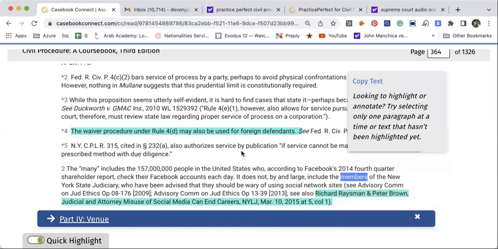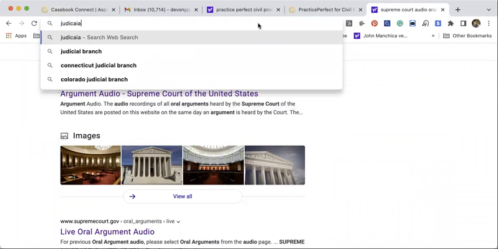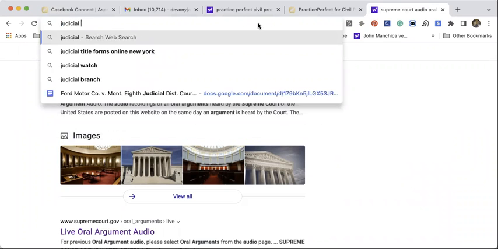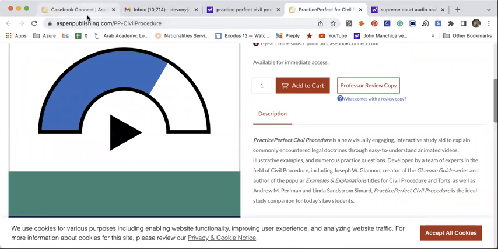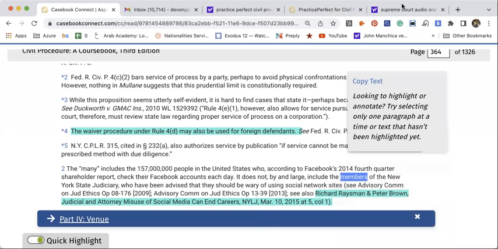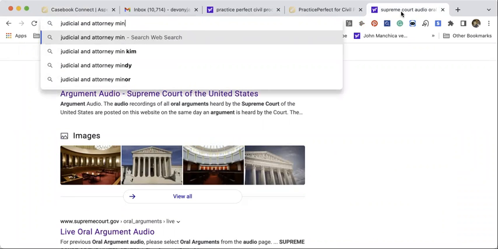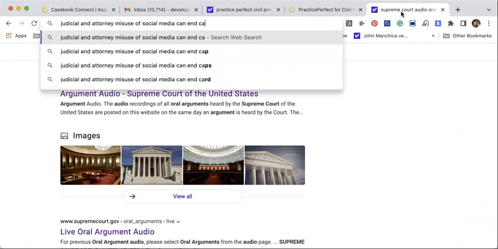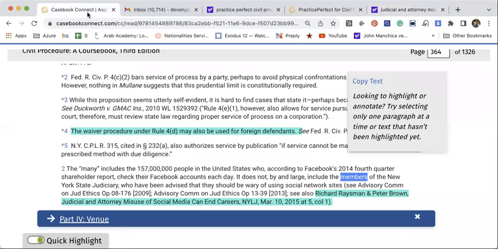Judicial and attorney misuse of social media can end careers. What's the guy's name?